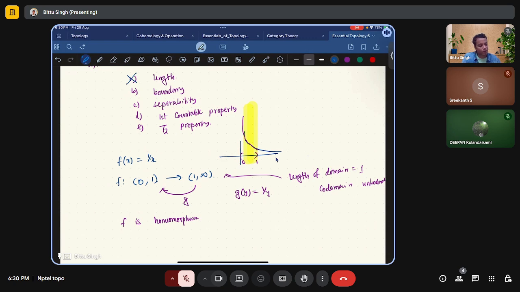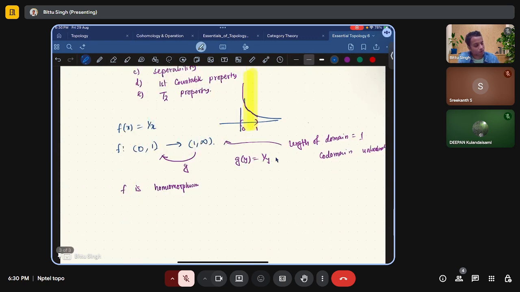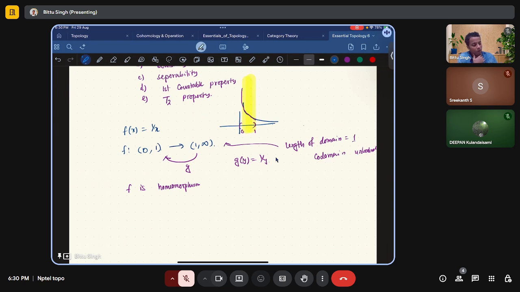Now, what about boundary? So again, topological boundary will not be preserved under homeomorphism, because boundary depends on the source, where the space belongs.